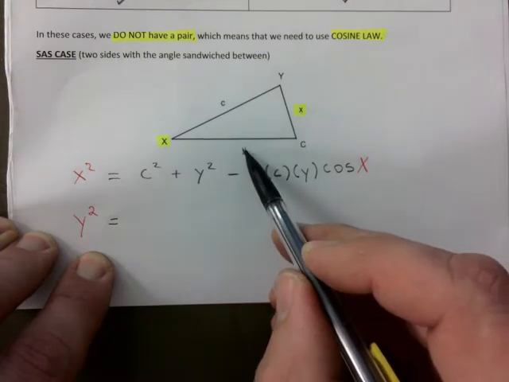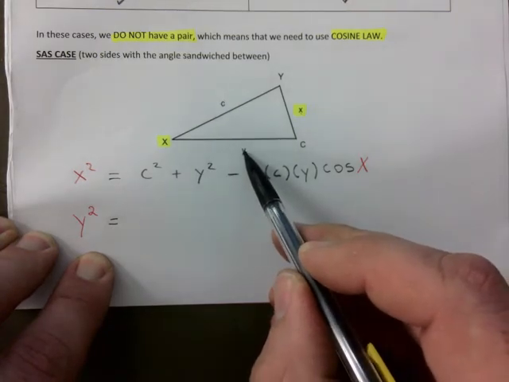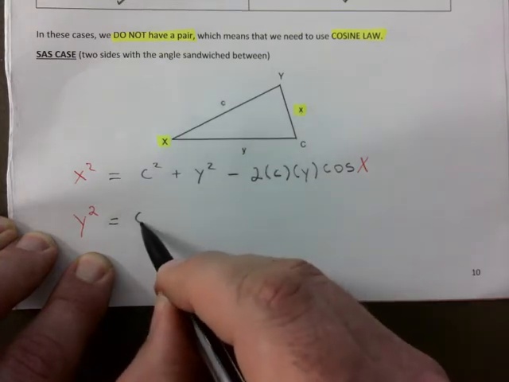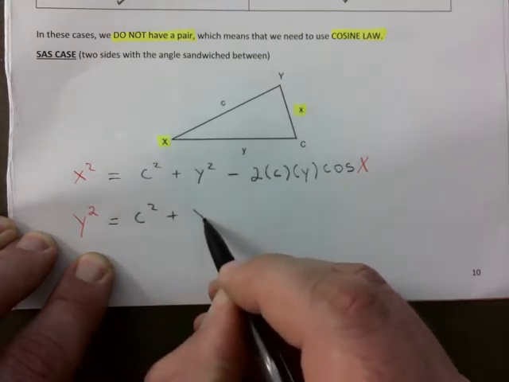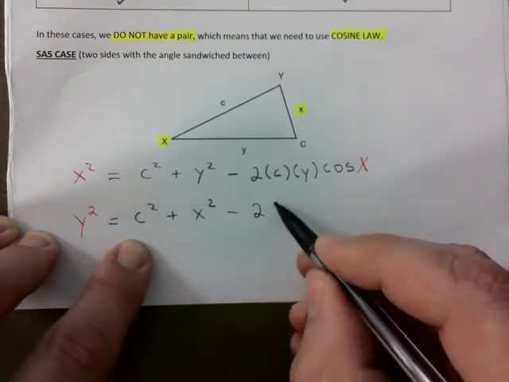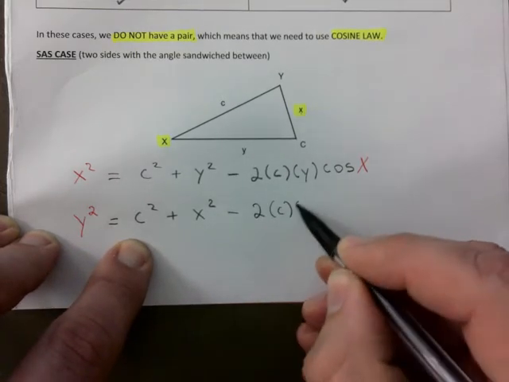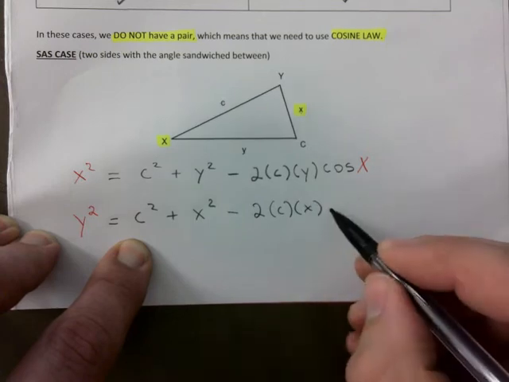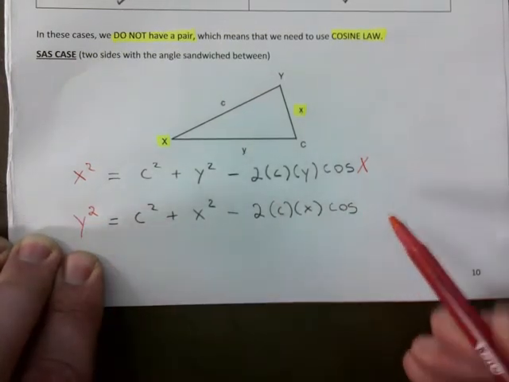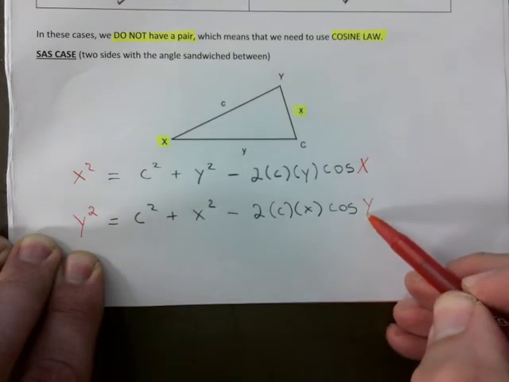Look at where my pencil is holding. This is the side you want. So it's these two sides that would be squared. So c squared plus x squared minus 2 times c times x times cosine of the angle that's across side y.